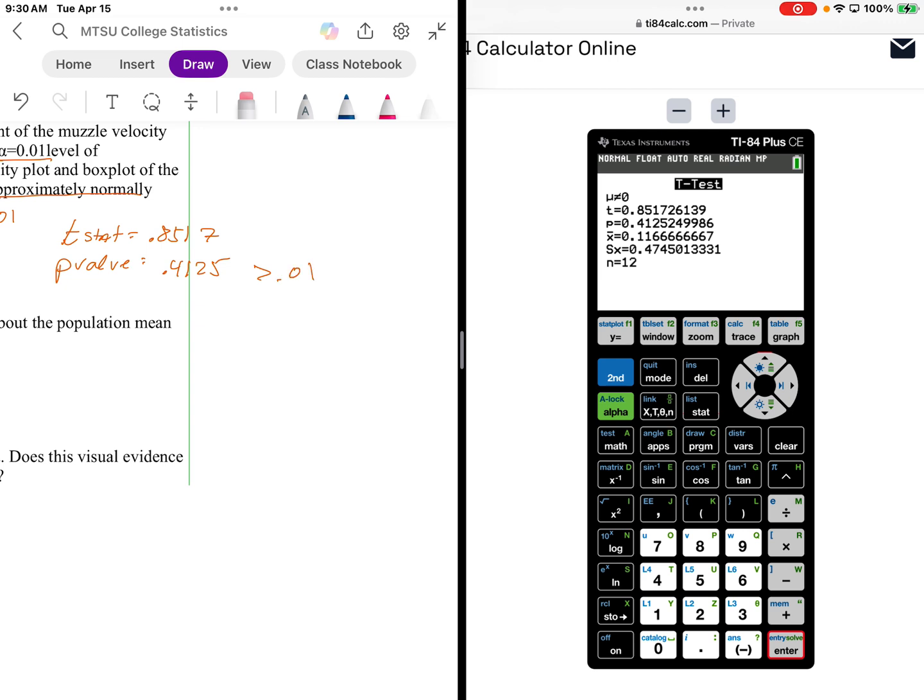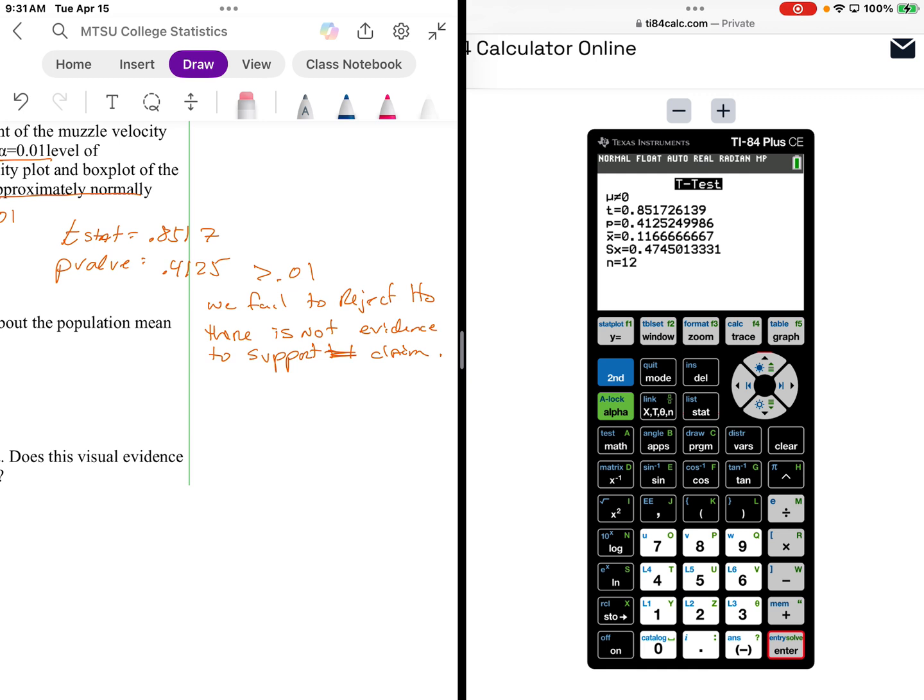It's greater than all of it, so we fail to reject H0. There is not evidence to support the claim that there is a difference between the two devices measuring the velocity of the muzzle. So there is not evidence there.